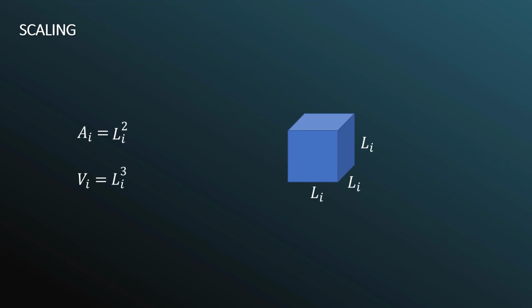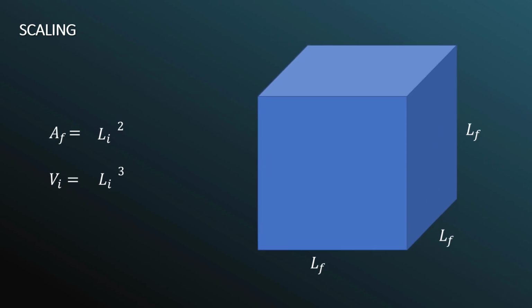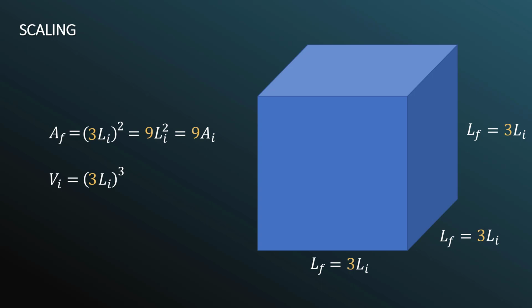But what if we triple the dimension, such that the new dimensions are 3 times the initial dimensions? The area in this final scenario therefore becomes 9 times the initial area. So I tripled the dimensions, and the area becomes 9 times its initial. What about the volume? It becomes 27 times the initial volume.